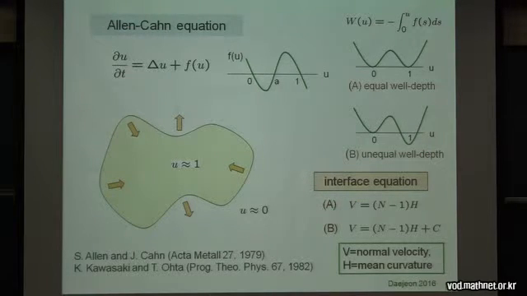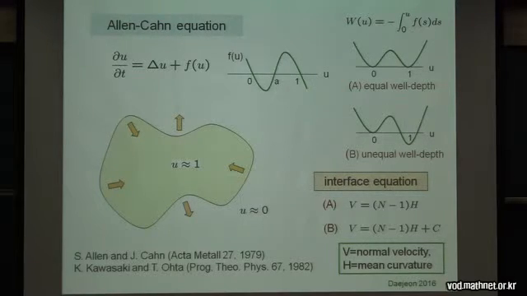So this is now very well understood. So in the case of bistable nonlinearity, curvature plays a very, very important role. And this is not the case in the KPP equation, which I will mention later.